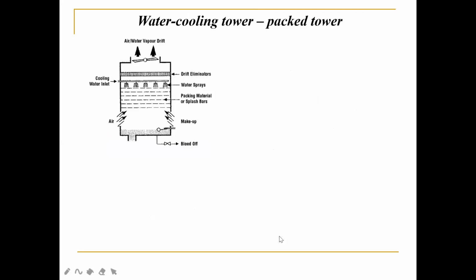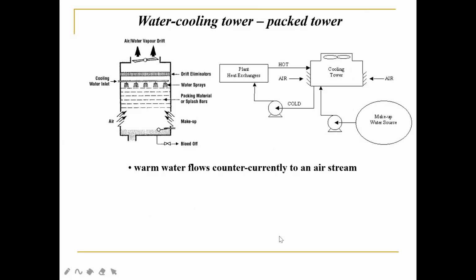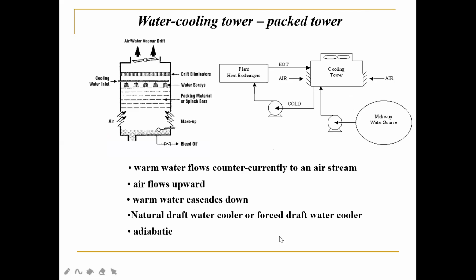And then, the first kind of tower that we will look at is a packed tower. As I said earlier, if you look at this diagram here, I hope you can see my cursor, the water from the cooling tower is used for heat exchangers mainly.